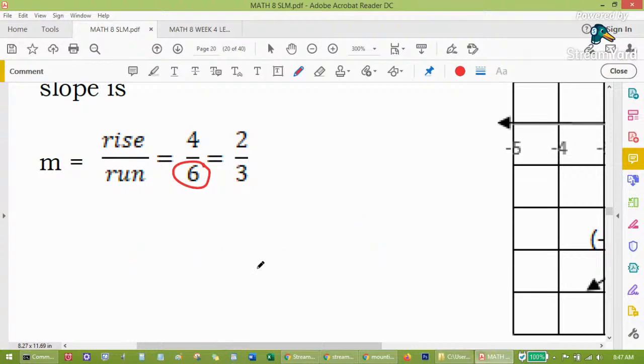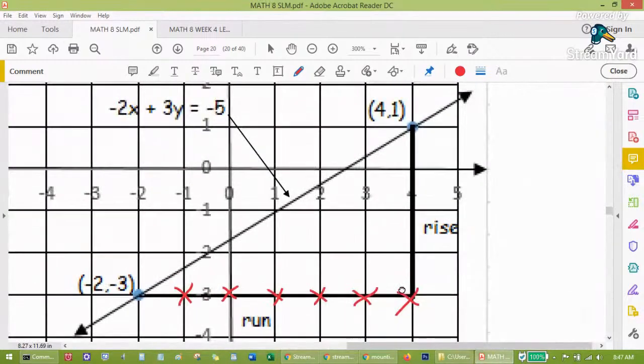Okay, so after the positive run, let's determine the rise. Simula dito, ilang places ang tinakbo hanggang makarating sa second point.